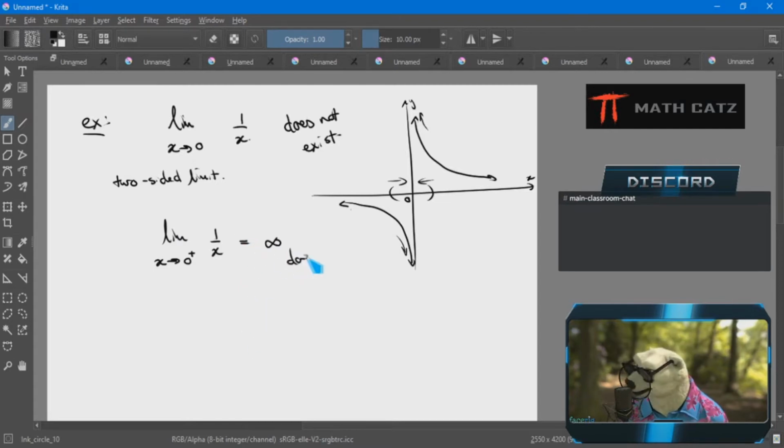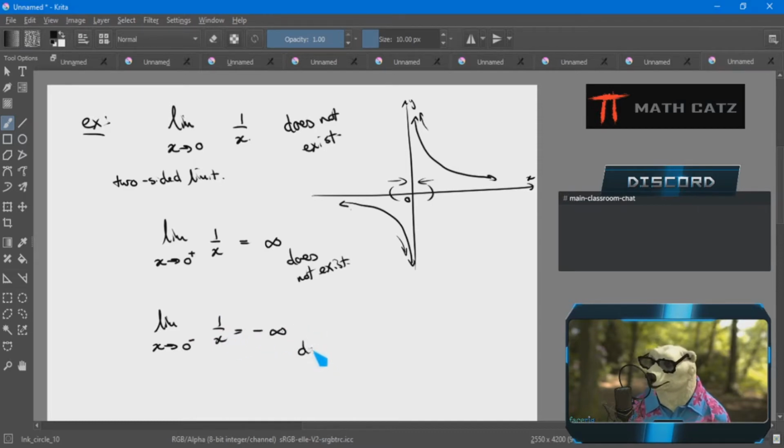Yes, it still doesn't exist because infinity is not a number, but at least I am able to say, in addition to not existing, that it blows up positive. And if I approach 0 from the left, it's going to blow up in size, but negative. Yes, still doesn't exist. Fine. But I'm able to say how it behaves.